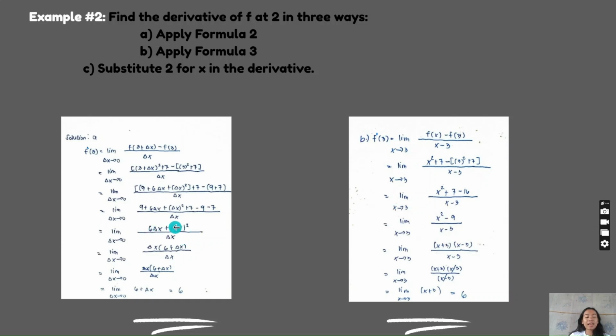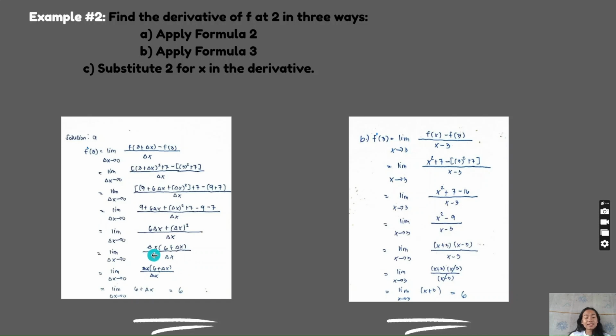Again, since we see something to factor from this expression, it is going to be factored. The factor of these two terms is delta x. So 6 delta x factored by delta x gives us 6, and then delta x squared factored by delta x gives us delta x, all over delta x.